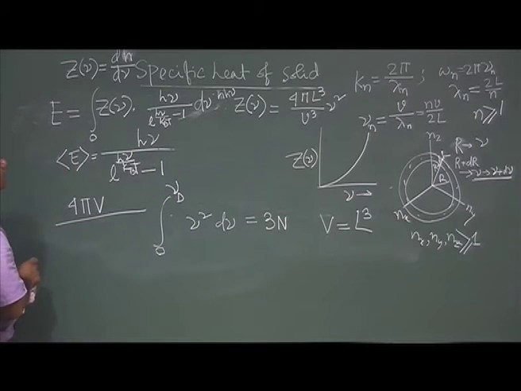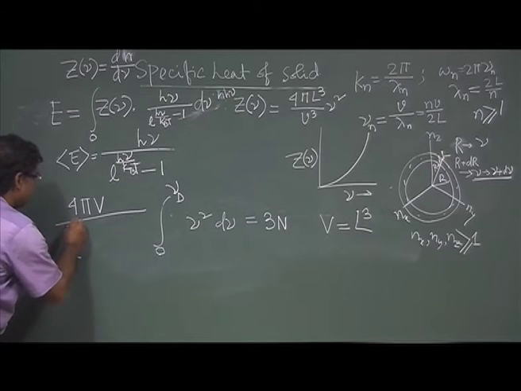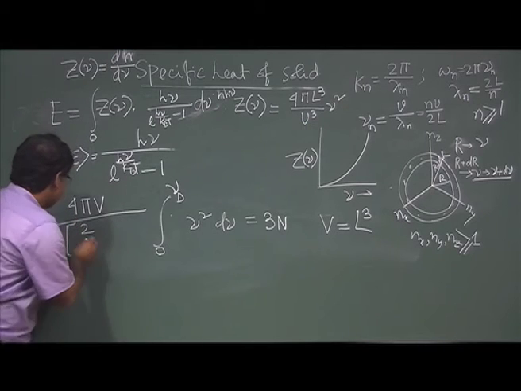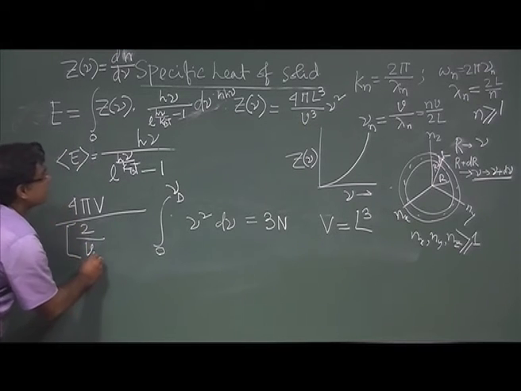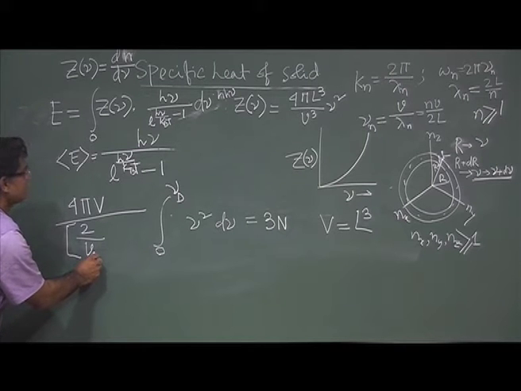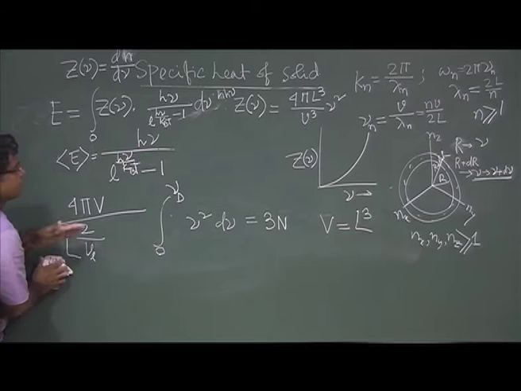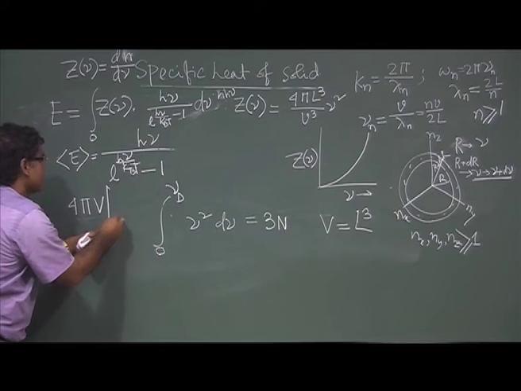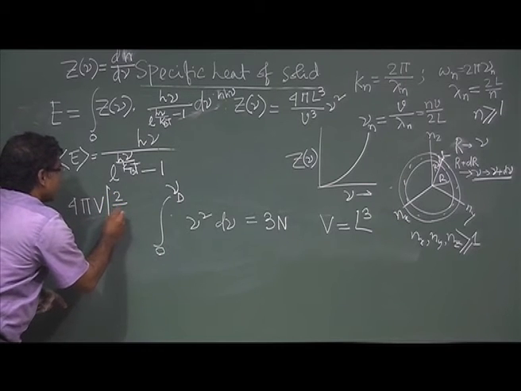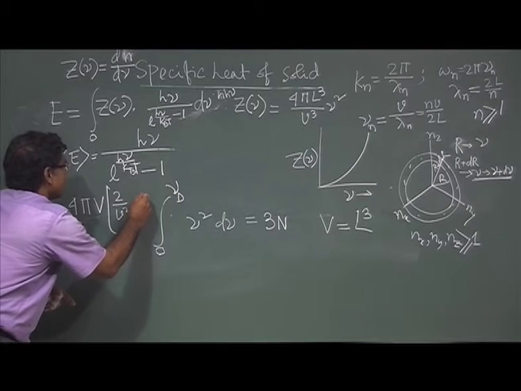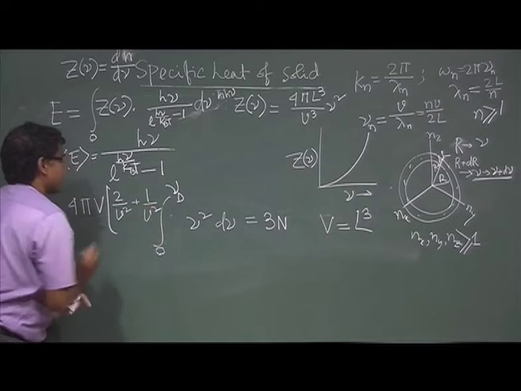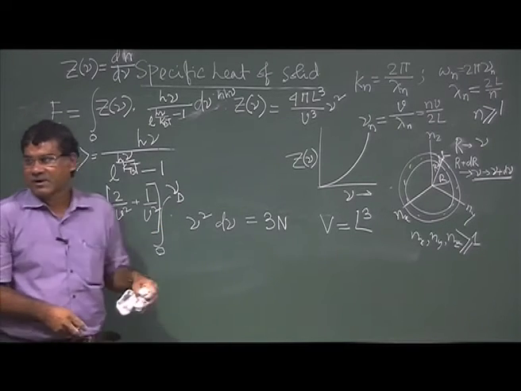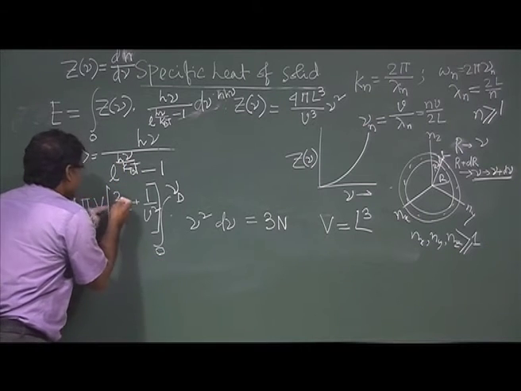So, these are 4 pi V cube. Basically here I will write 2 modes transverse, 2 modes are there. So, I am writing 2 by V square plus 1 by V square. Since velocities are different for transverse and longitudinal, 2 are transverse.